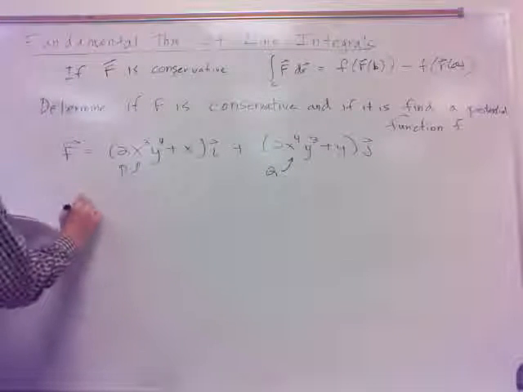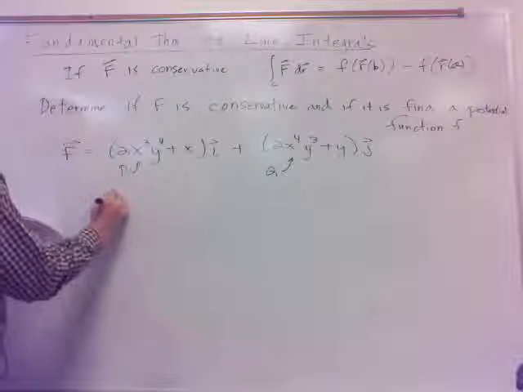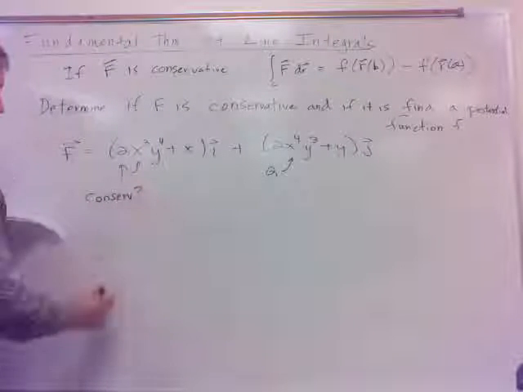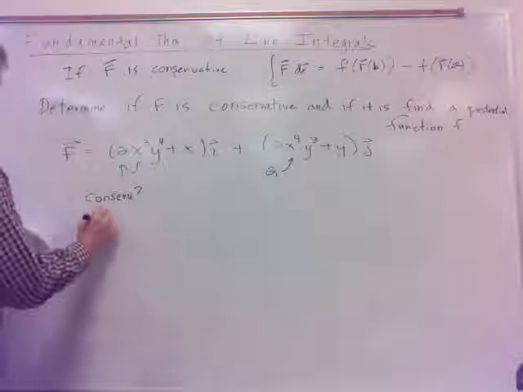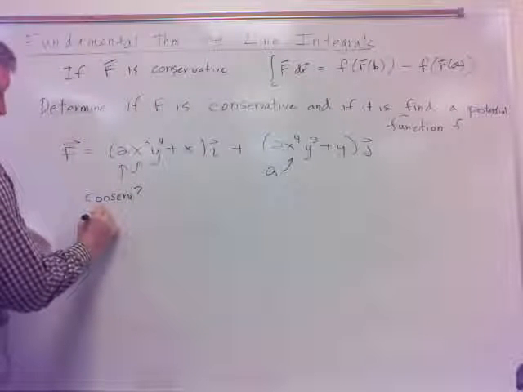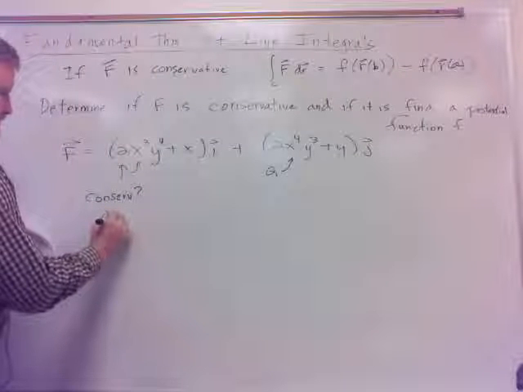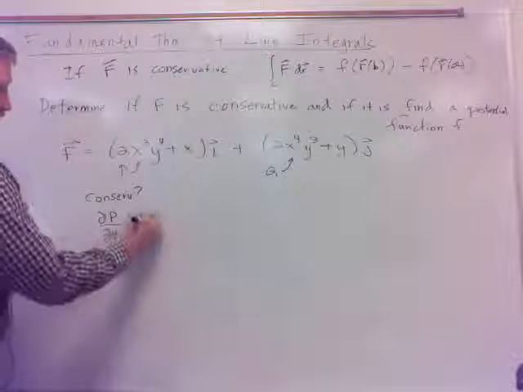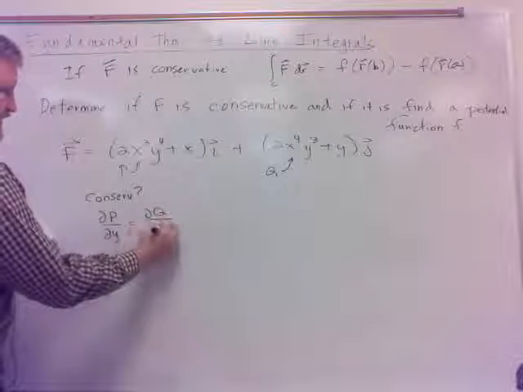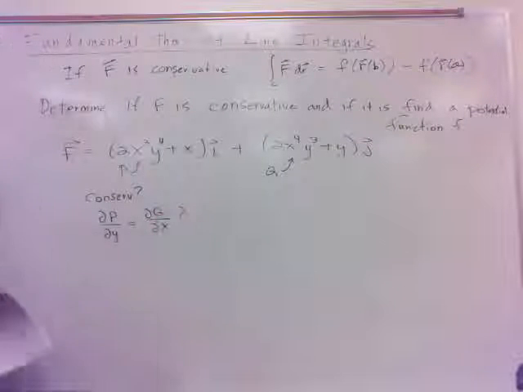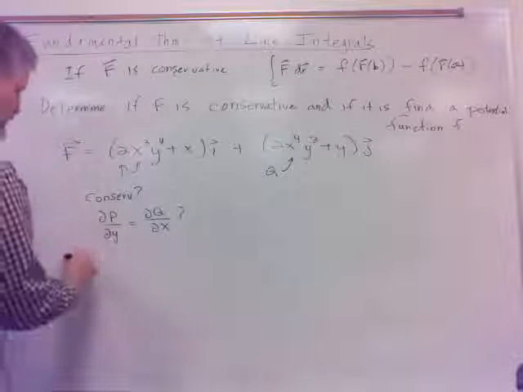So we're asking, is this conservative or not? If it is, our partial of P with respect to y equals the partial of Q with respect to x. That's our first thing we need to look at. So what's the partial of P with respect to y?